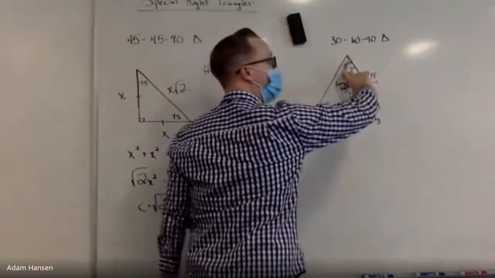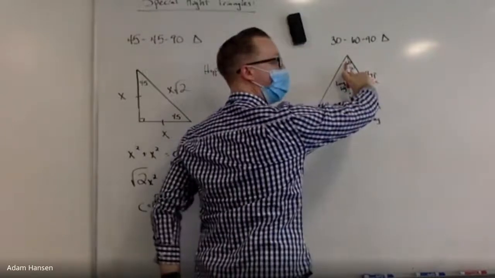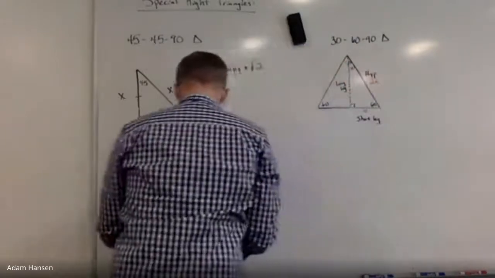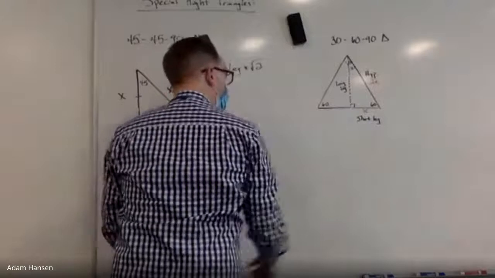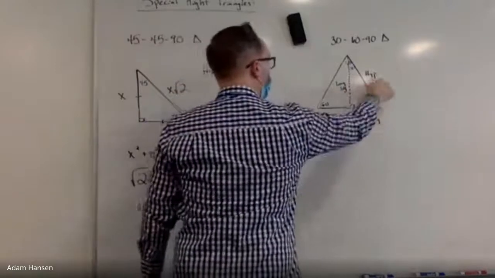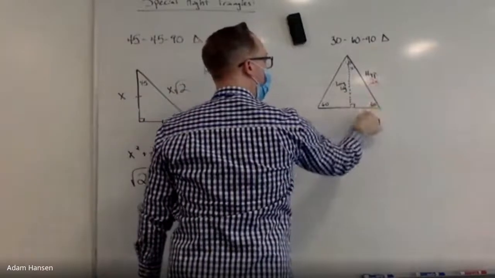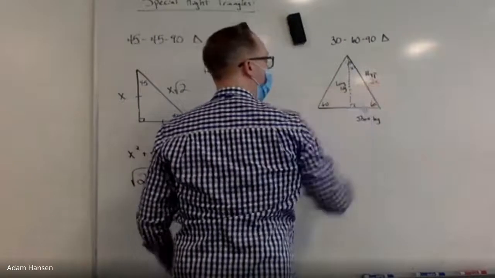How can I find the long leg in terms of X? A squared plus B squared equals C squared. X squared plus B squared equals 2X squared.